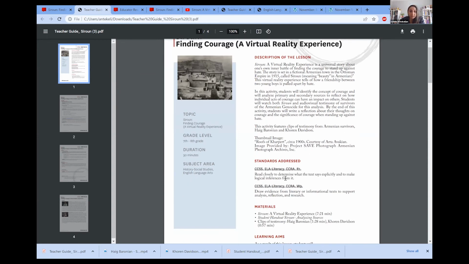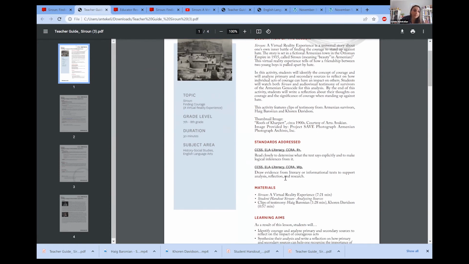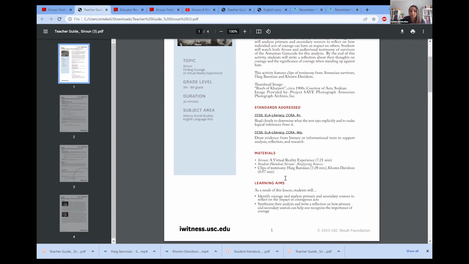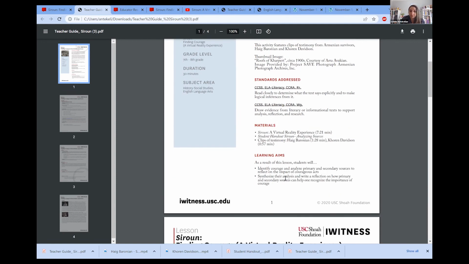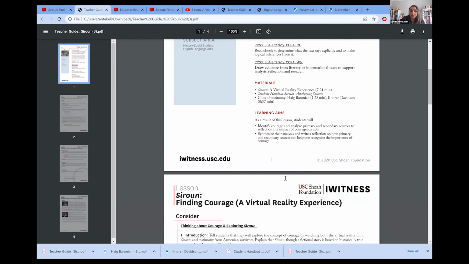Now, of course, I know it's Sunday school and you may not be thinking about standards like students have in a regular school curriculum, like Common Core standards, for example, but I'll definitely share a link to standards for English language arts, like read the text closely to determine what it says. So these are things that you may want to use as a reference or a guide that could help enhance student foundational knowledge, or what are those key learnings that you want to make sure you're considering in your lesson. So just as a resource, something to have.